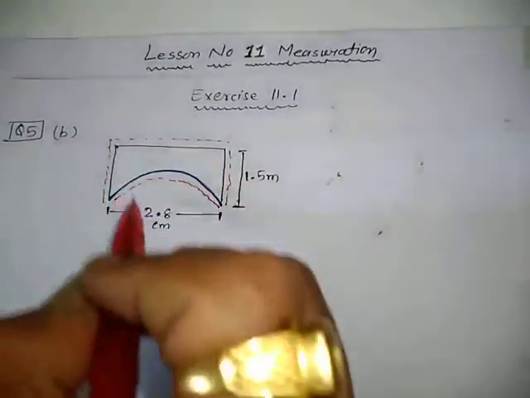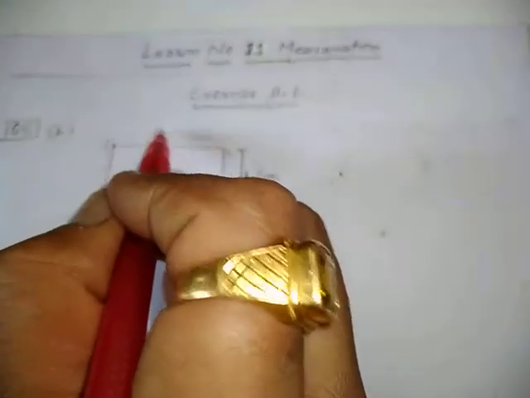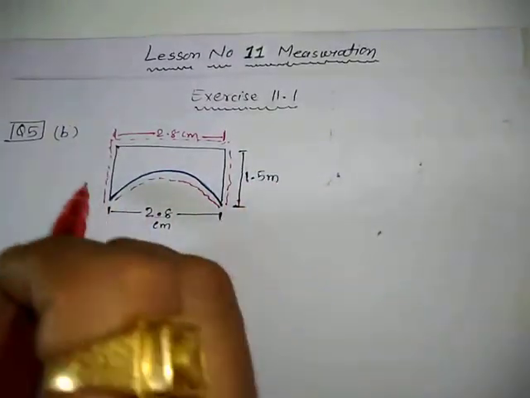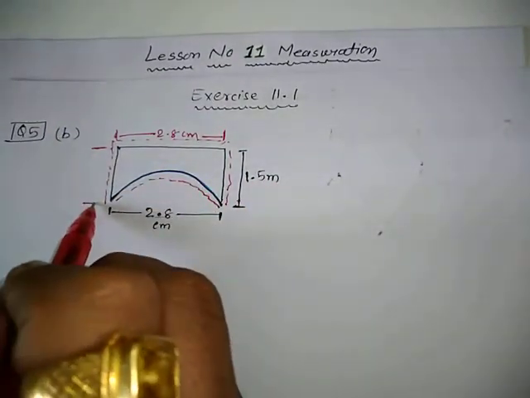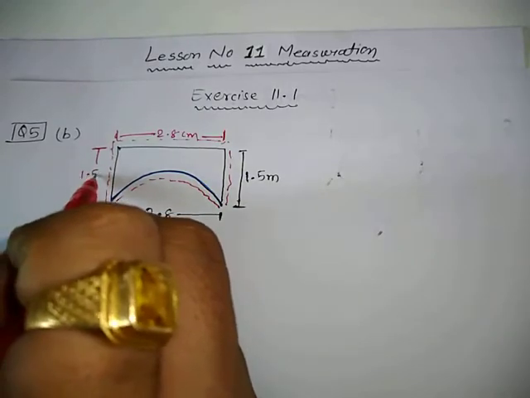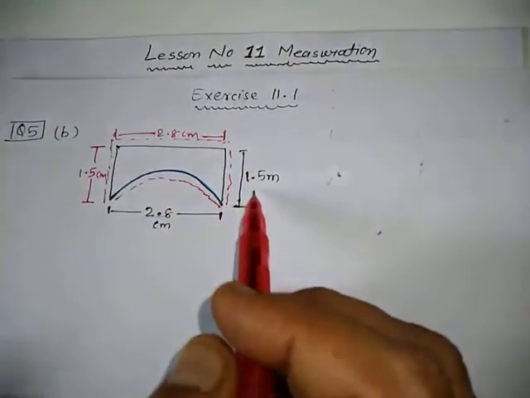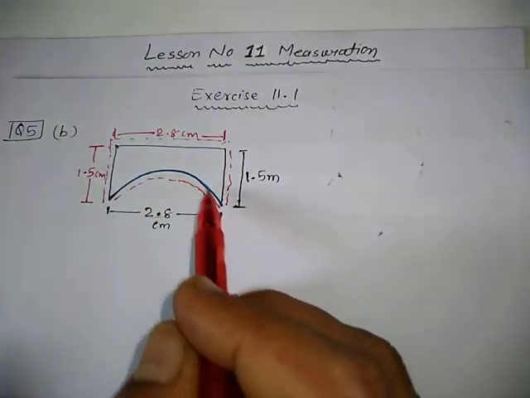This side is already given as 2.8 centimeter, from here to here. This will be 1.5, and the other side will also be 1.5.